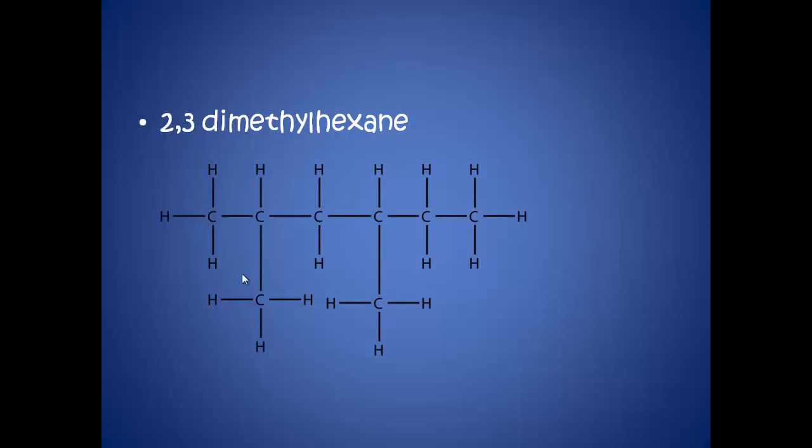Beginning from left to right, we have on carbon 2 a methyl, and in the other place another methyl, and we put the other hydrogens to fill the 4 bonds that a carbon must have to be stable.